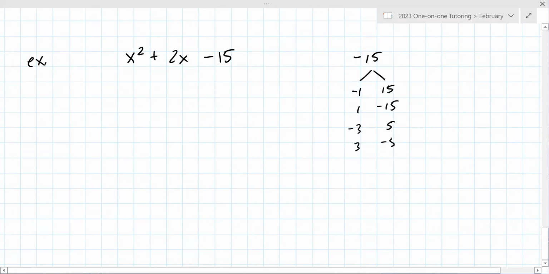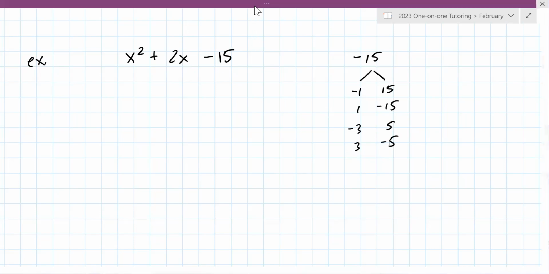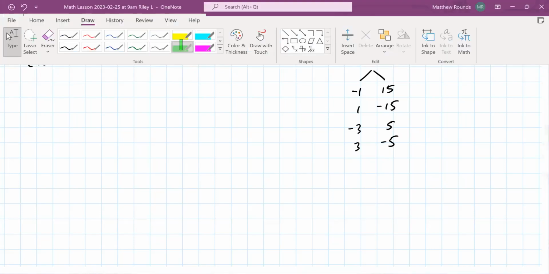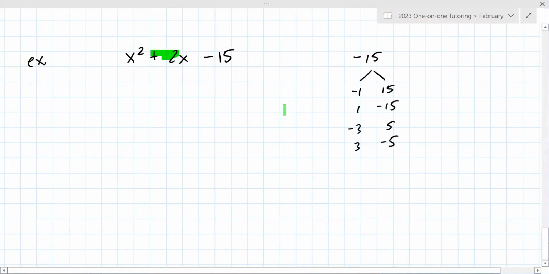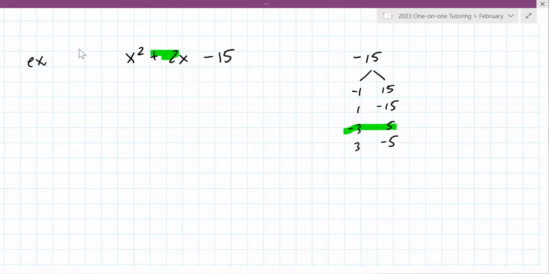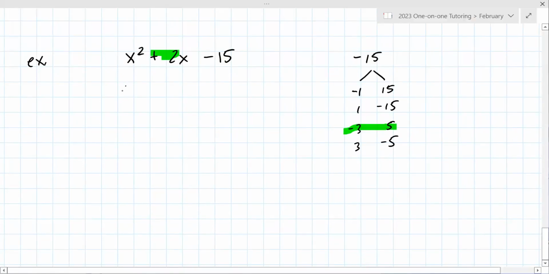This time it's adding up to a positive number instead of a negative number. It's still going to be the 3 and the 5, but is it -3 and 5 or 3 and -5? Well, because we want +2, it is the -3 plus the 5.